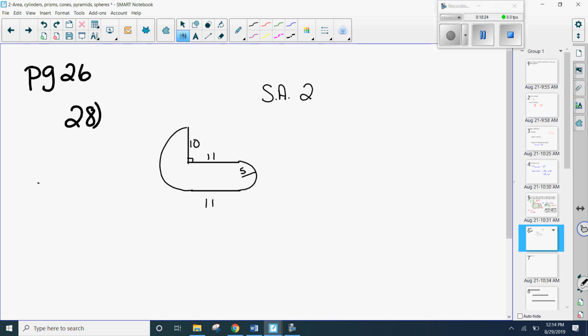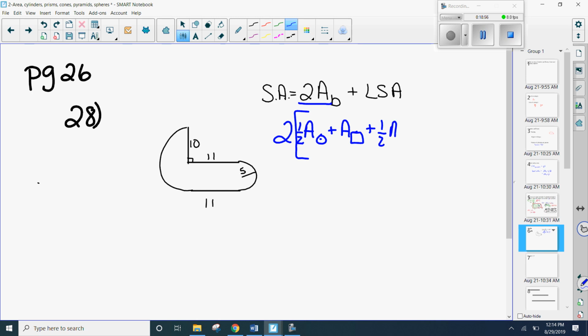So it's going to be twice the area of the base plus lateral surface area. Twice the area of the base. The area of the base has 3 parts to it, right? The area of the base has 3 parts, which is going to be, once again, half the area of a circle plus the area of a rectangle plus half the area of another circle.